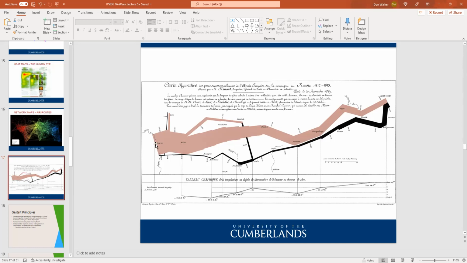And then he starts the march east towards Moscow, right? So from left to right, about an inch from the left, you can see a line of troops head out.